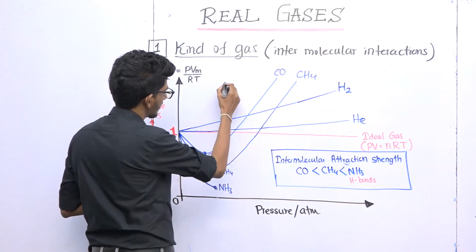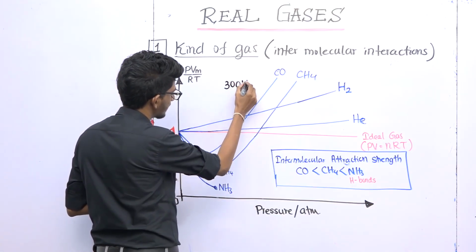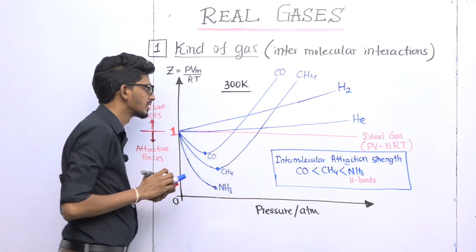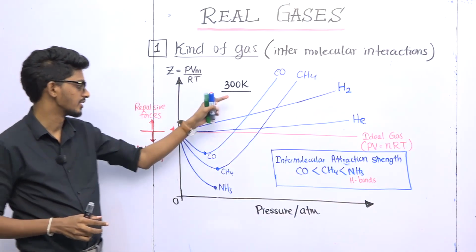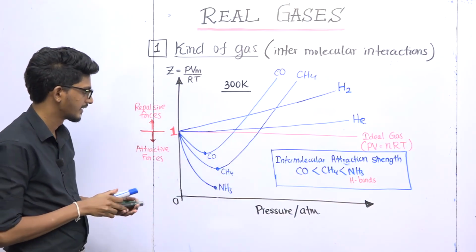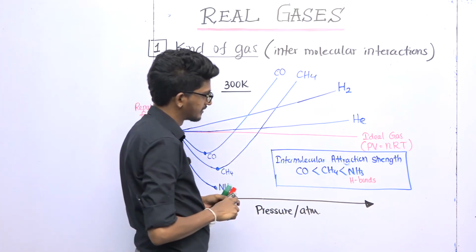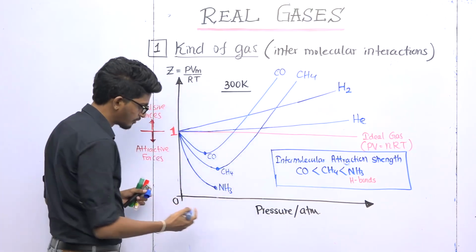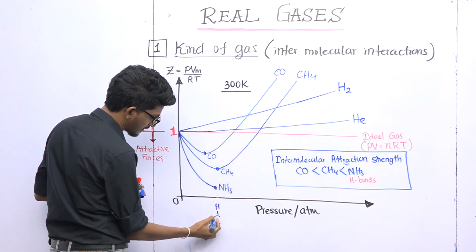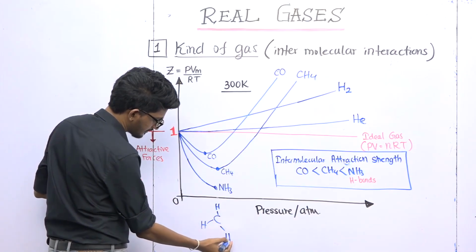Let's say this is the 300 Kelvin, room temperature situation. With the temperature, CH4 molecules are not symmetric. Even though you think CH4 is a symmetric molecule like this, that is not the case.